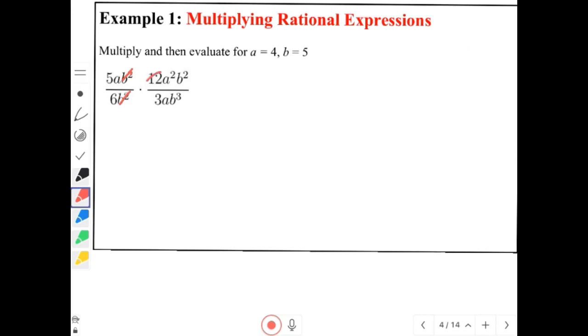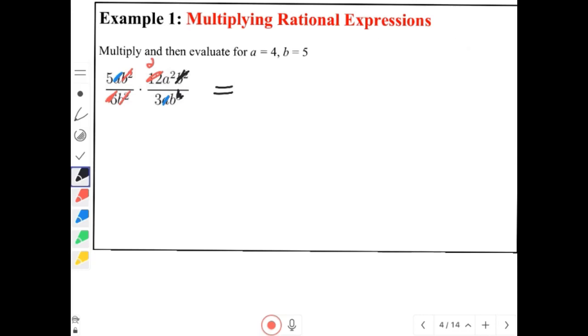So like this 12 and that 6 would simplify so that I have a 2 left over up there. Then I'm going to simplify that a and that a, and we have that b squared and b to the third, so we would have a b left over. So this is everything we can simplify.